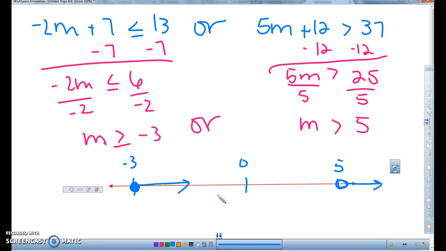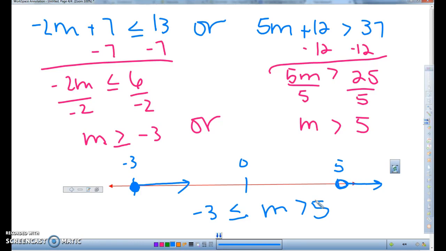They don't necessarily point opposite from each other, but they don't intersect in the middle either. So this would still be a union. When we write it back as a compound inequality, -3 is less than or equal to m, or m is greater than 5. Notice now my arrows point away from each other. So this would be solving and graphing a union.